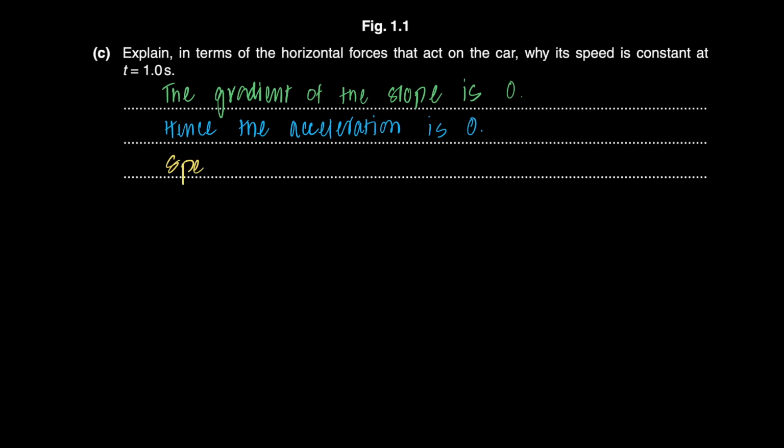If acceleration is 0, that means the velocity is not speeding up, not increasing or decreasing, or speed is not increasing or decreasing. So if speed is not changing, that means speed is constant.